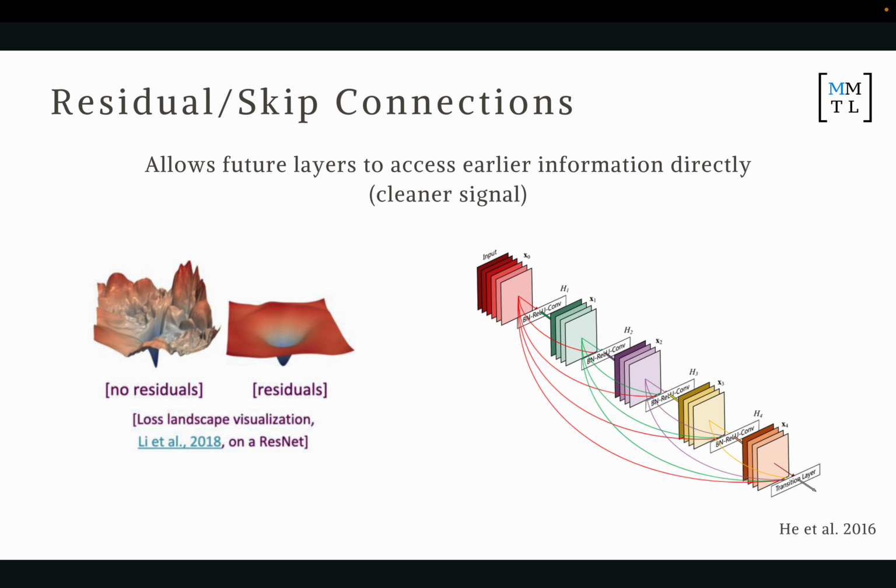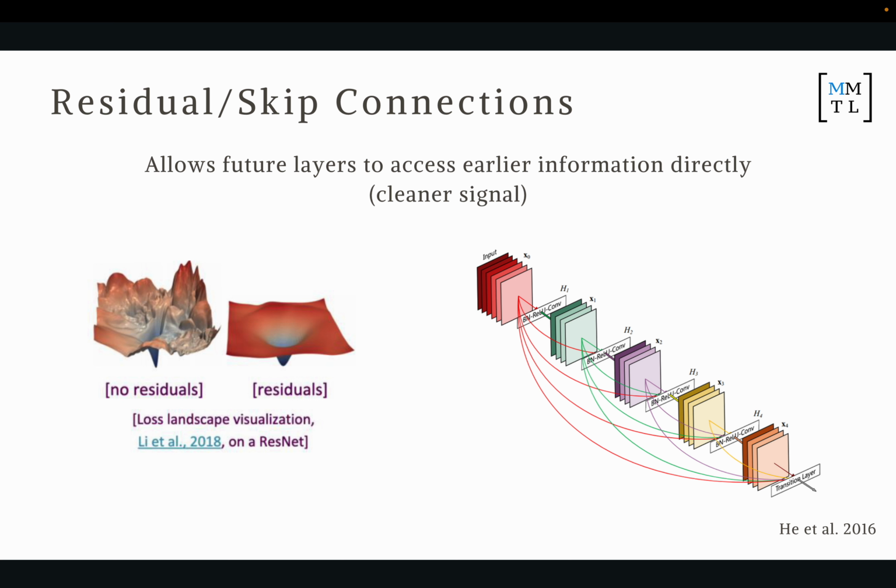But you actually just provide a direct connection between this and this and this and this, and then you do it for every other layer. Those are called skip connections because you're skipping layers. It allows future layers to access earlier information directly, so it gets a cleaner signal. It gets both the processed signal and the clean signal as well.